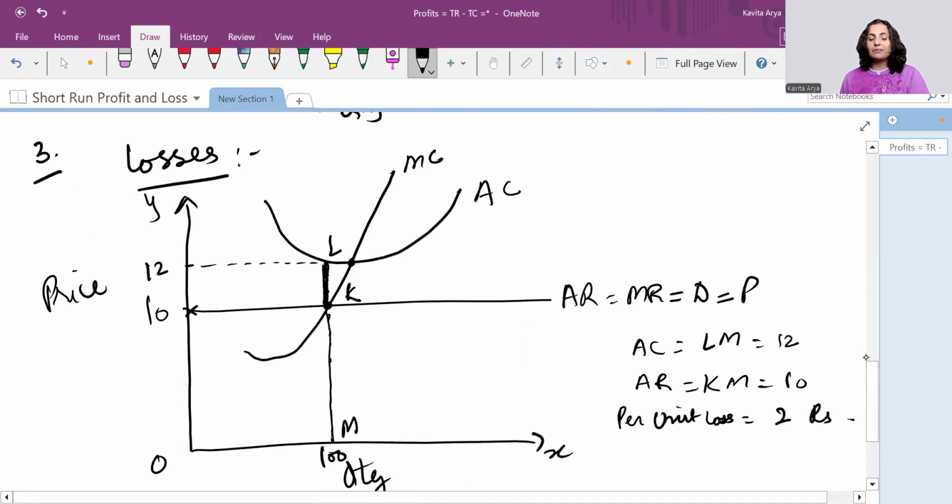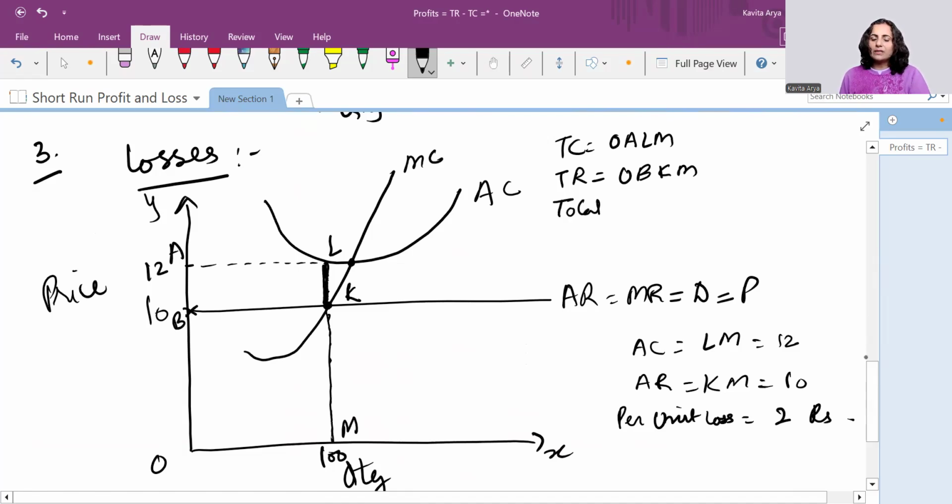So TC becomes what? TC becomes this whole box, and we name it OALM is TC. Right? So I'm writing TC is OALM, and out of that, what is TR, total revenue? That is equal to OBKM. So what is going to be the total loss?